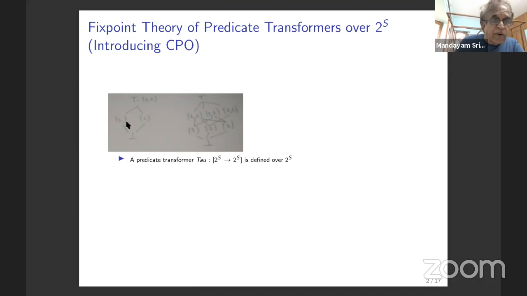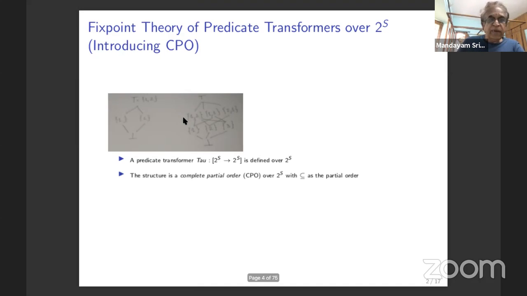A complete partial order is something where the elements are sets of states, ordered by the partial order, which here is set inclusion.